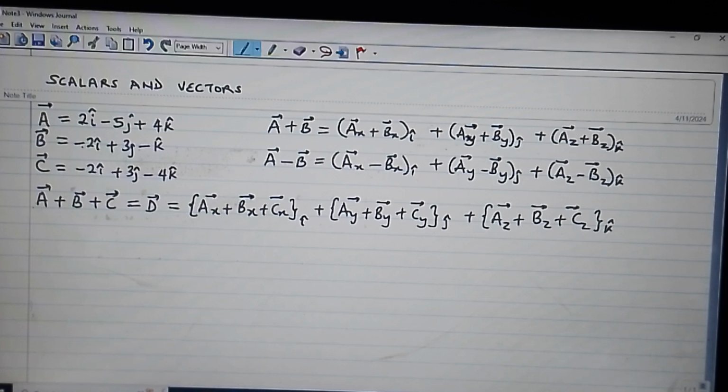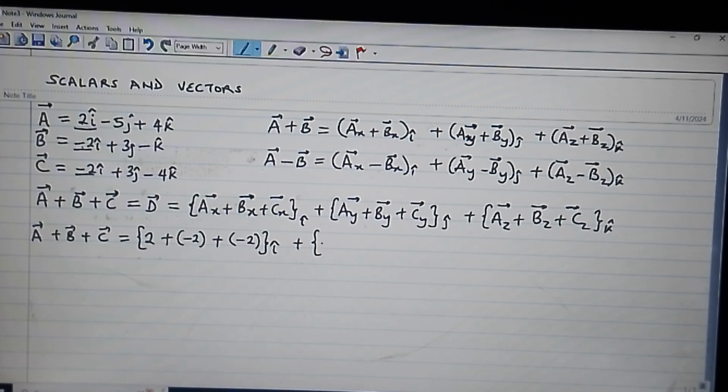So we have that A plus B plus C will be equal to, what is representing AX here is 2. So we say 2 plus, from BX we have minus 2. So we say plus, open the bracket, minus 2 plus, for CX we have minus 2. So open a bracket again, minus 2. Close the whole bracket, you have i here. Plus, you go to the next column. You have minus 5 here.